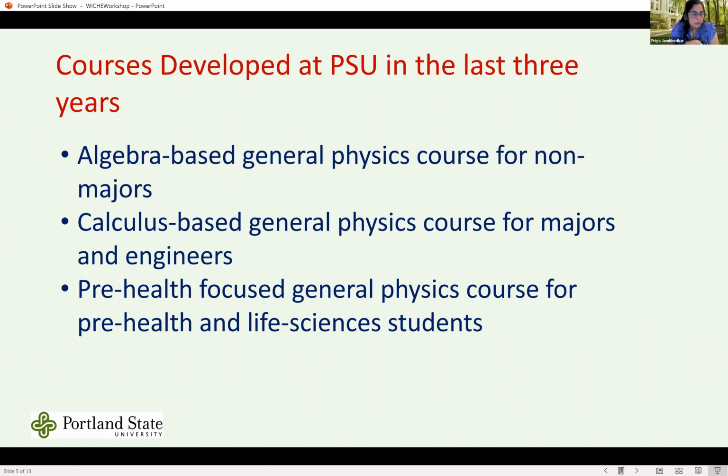And then the third course, which is a new course, added another dimension to our interactivity and adaptivity, that is relevance. This course was created with a focus on our pre-health population, who are basically pre-meds, physical therapy students, pre-dental students, or biology majors.